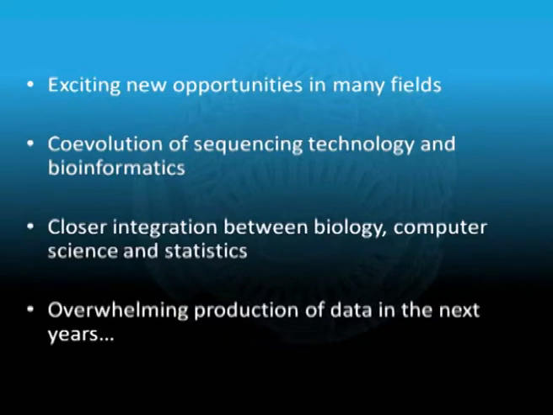There seems to be a co-evolution of sequencing technology and bioinformatics. This is really interesting. New tools are needed to use all this new data. Now there's a closer integration between biology, computer science, and statistics. So now biologists need a much stronger computer background, and probably a lot more statistics.